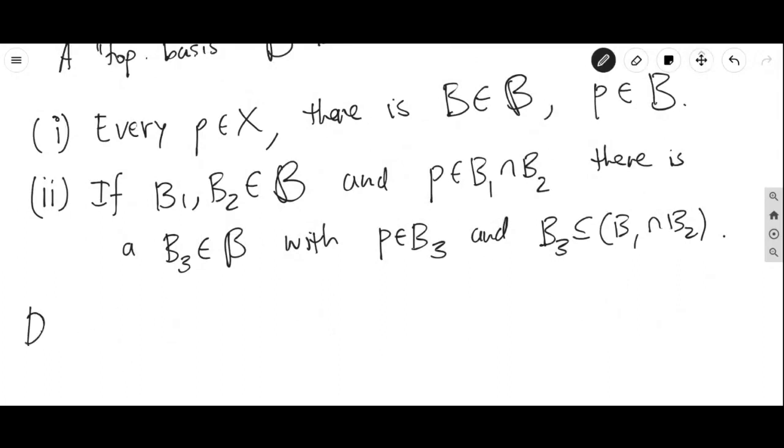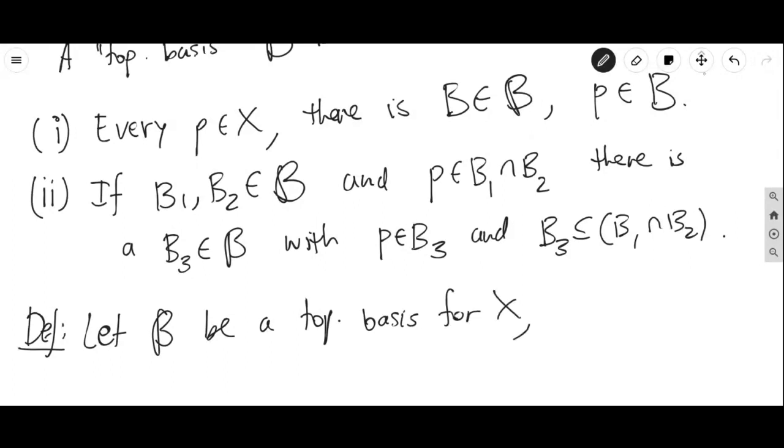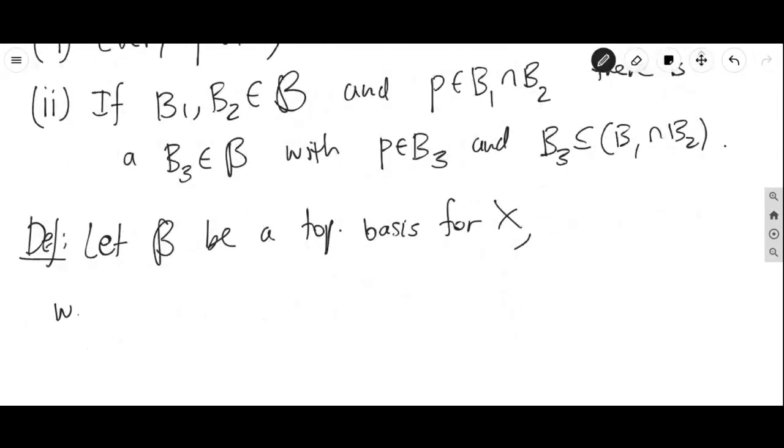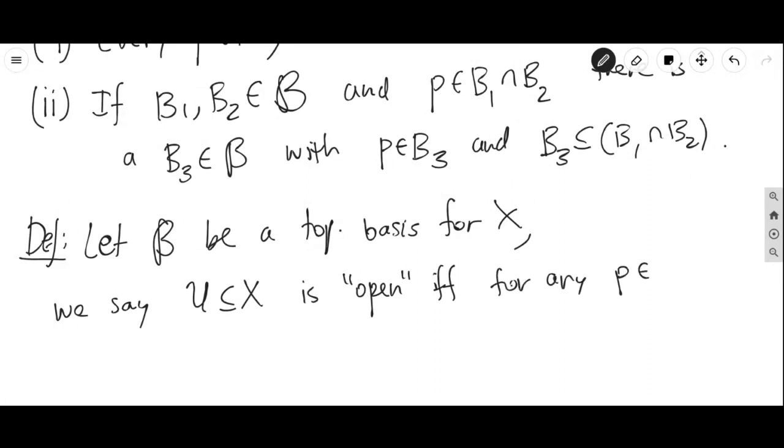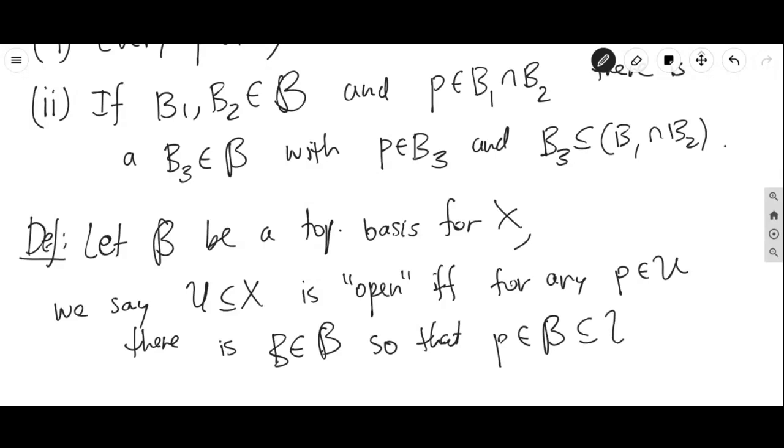And then we make this definition. Let script B be a topological basis for X. And then we say U, a subset of X, is open if and only if for any point P in U there is something in the topological basis so that P is in B and B is contained in U. So it's very similar to metric spaces.